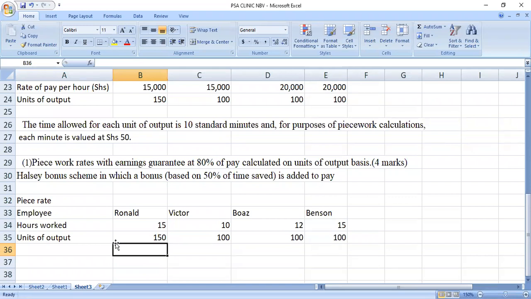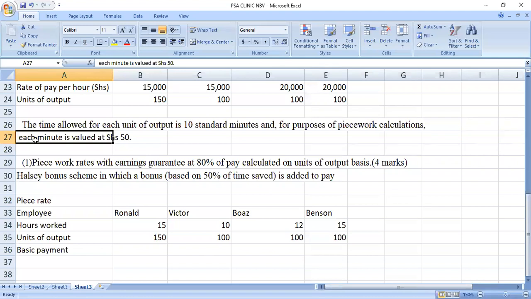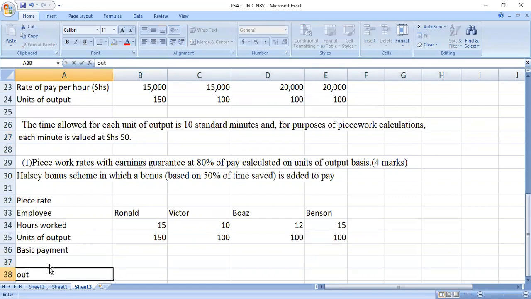Therefore, our payment in this case will be what? If you're looking at a basic payment, here they're saying each minute is valued at 50 shillings. But remember, at piece rate we're interested in output, actually cost per unit.